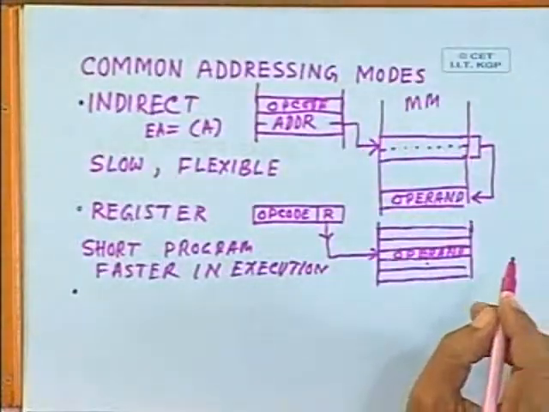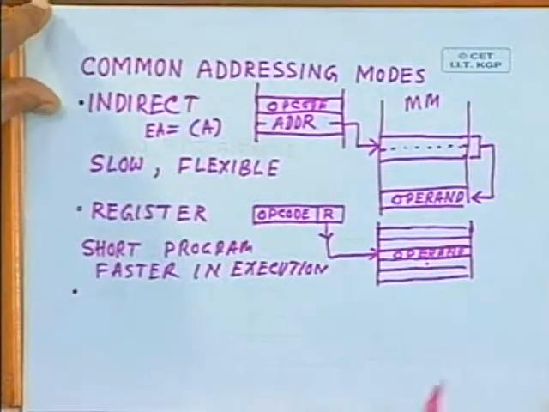And obviously it also involves a little complexity, because the programmer has to keep track of all the registers that are being used to store the intermediate results. For example, if an interrupt comes, then the programmer has to store all these registers in the stack, and whenever it comes out of the subroutine or interrupt, it has to restore those registers. So it needs a little bit of housekeeping.